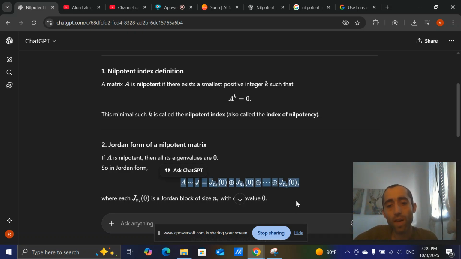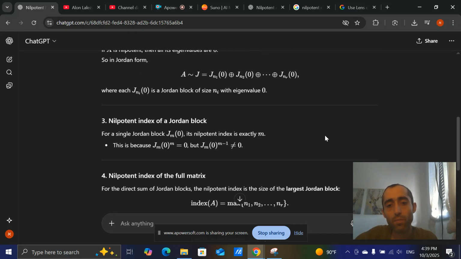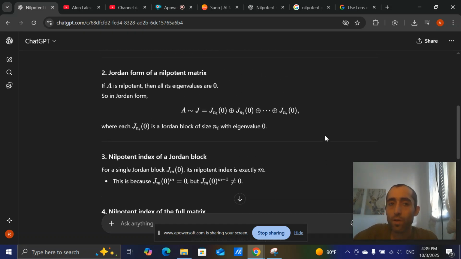So here it is. A is similar to some Jordan canonical form with Jordan blocks. You see that I have, for example, the first block, the second block, the third block, and so on. Now, for a Jordan canonical form for eigenvalue 0, and all the eigenvalues of A are 0, so all the blocks are of eigenvalue 0, the nilpotent index for such a Jordan canonical form is just the size of the biggest block.